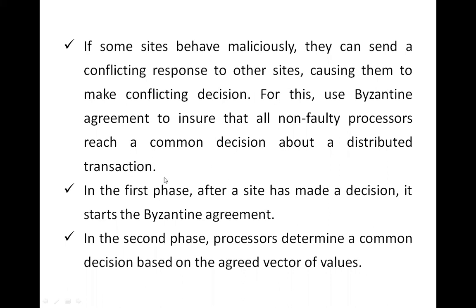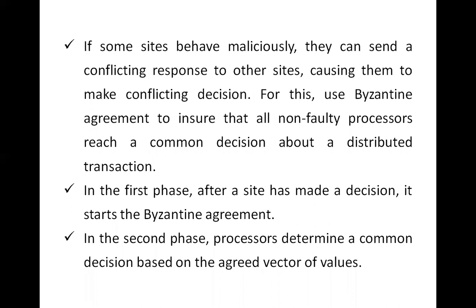So in the first phase, if you apply the Byzantine agreement solution, after a site has made a decision, it starts its Byzantine agreement, whatever way the Byzantine agreement is done. And once that is done, in the second phase the processors determine a common decision based on the agreed vector of values. Again, the source sends its value, and once it is received by the rest of the processes, they exchange the value.